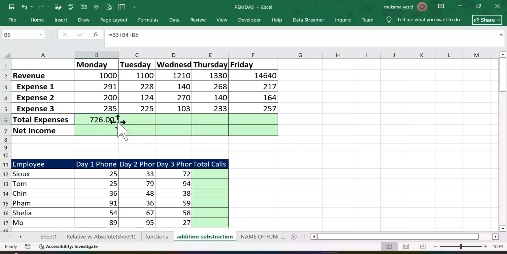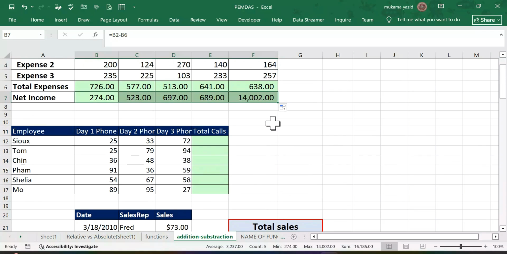These are the total expenses. So net income equals the revenue, that is the total money we have, minus the total expense. I think that is it. Then autofill to get the rest of the answer.